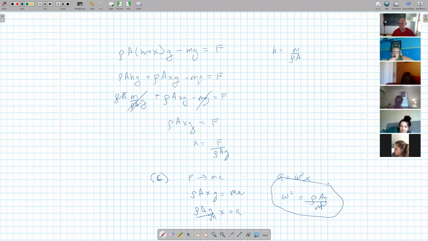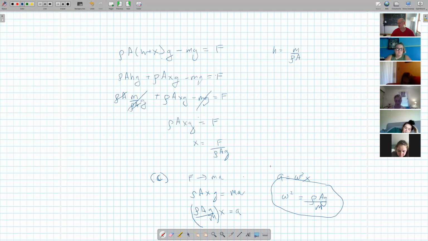Why isn't the X over M? Well, I'm multiplying, so it doesn't matter how the X shows up, because the order of multiplication doesn't matter. All I'm doing is pulling out the X to the side so you can see that this term here is the omega squared. So I'm just making it easier to identify.